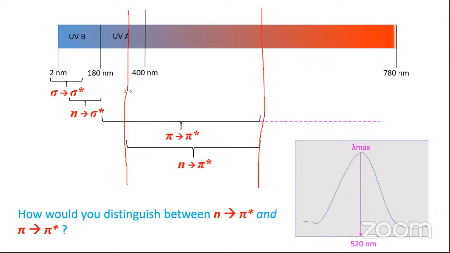So, just to give you guidance towards getting to the answer, what do you remember about the character of the pi electrons?